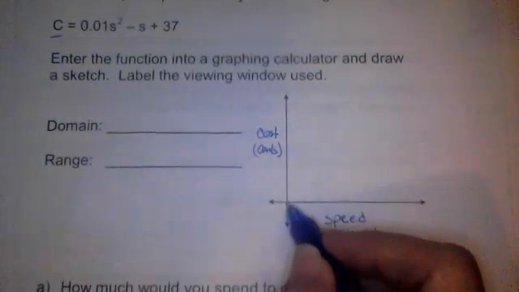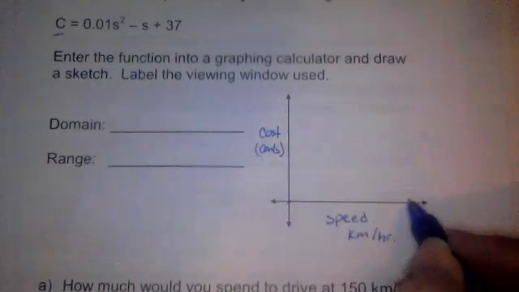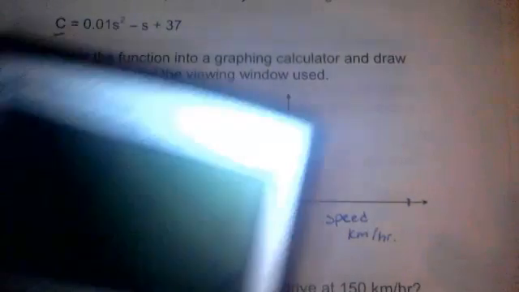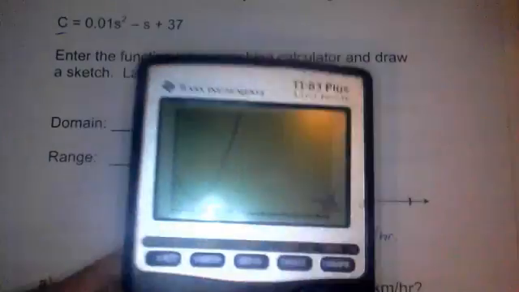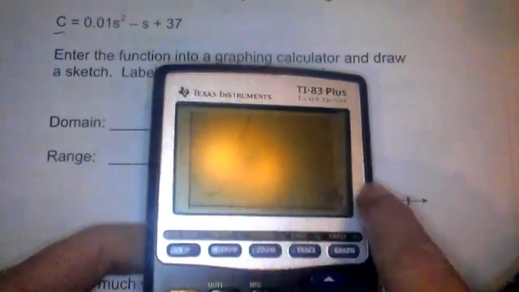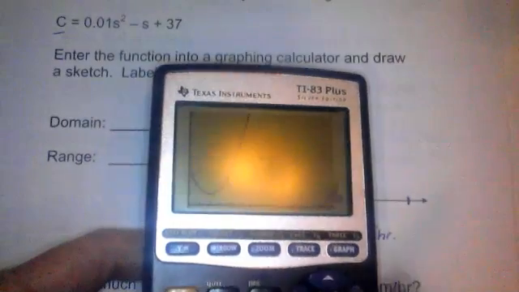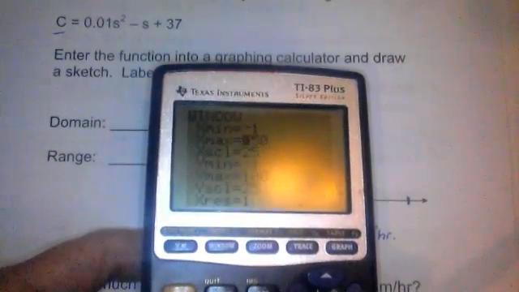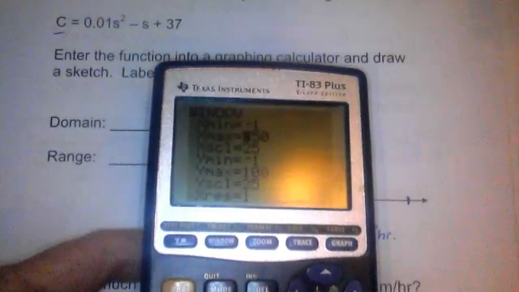So, on this one, when we start at 0, all I'm saying is there's not really a set place to stop out here because this graph does continue up. However, this window, this x-axis, is probably a little large. We're probably not going to go 350 kilometers per hour.